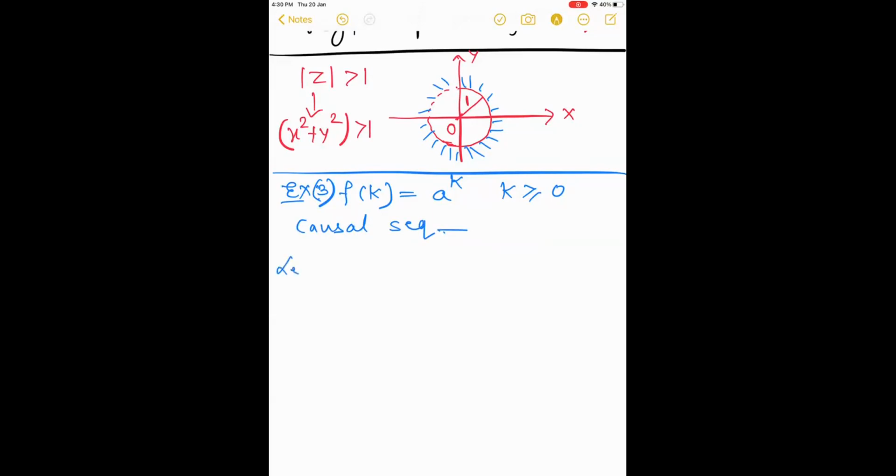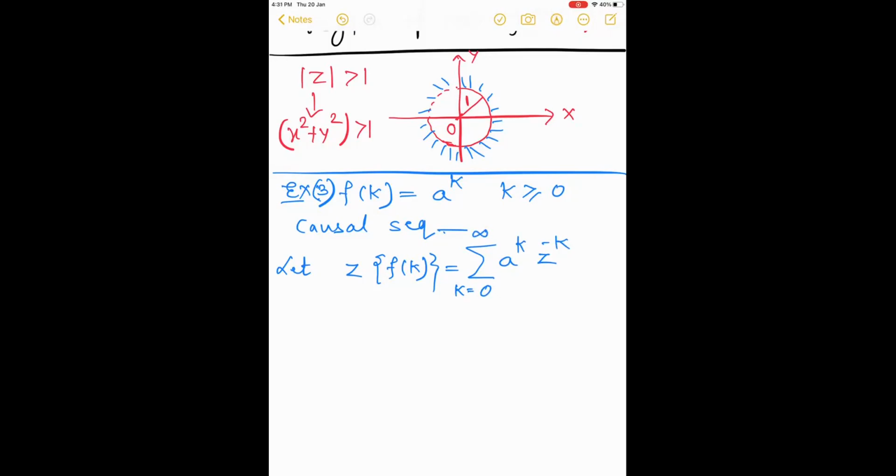So let us take the Z transform of f of k, which is the summation of a raised to k, z raised to minus k, where k is from 0 to infinity. So this is your sequence.